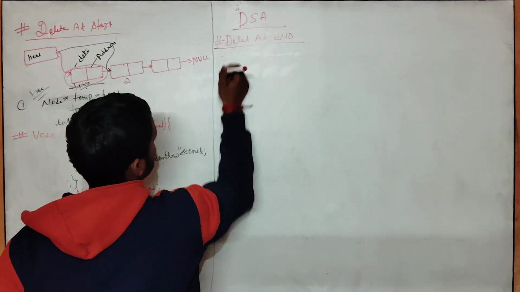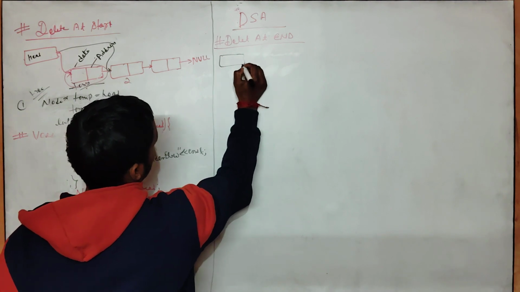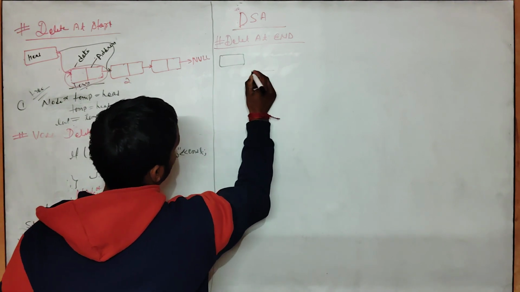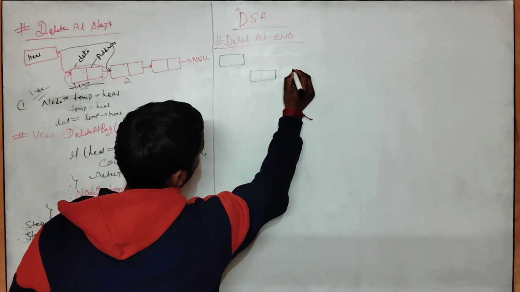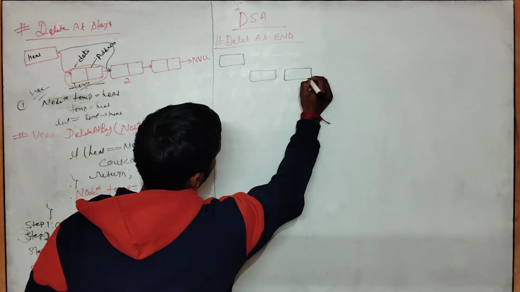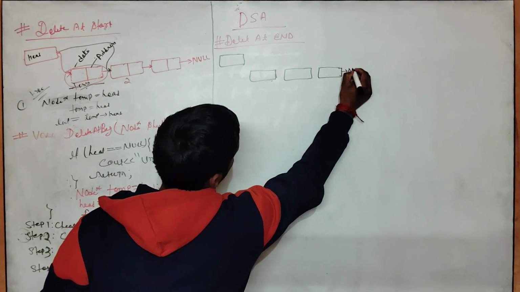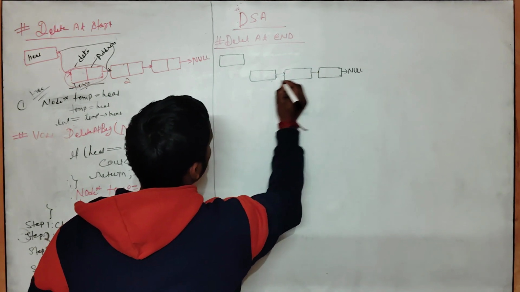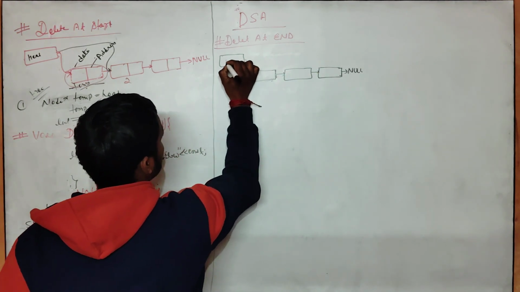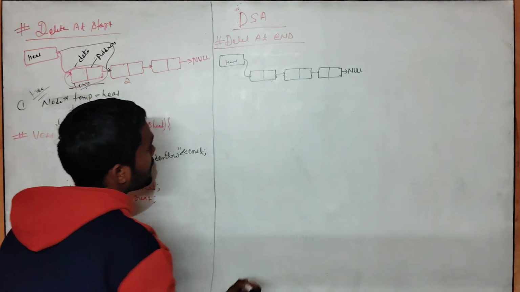Suppose that this is our linked list. Here suppose a null value. Okay, here this indicates head, here data, address.